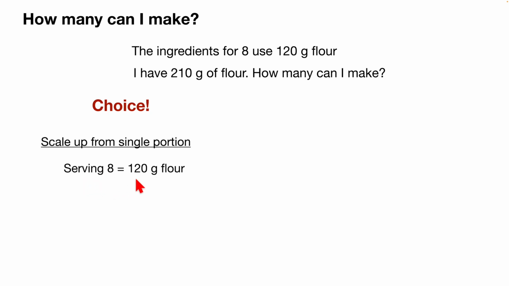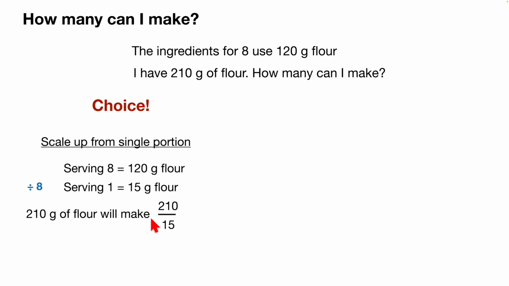Serving for 8 uses 120 grams, divide by 8, serving for 1 uses 15 grams of flour. Right, I've got 110 grams of flour, so I will divide 110 by 15. That'll tell me how many times 15 goes into 110, and it's 14. So I can make 14 or serve 14 or whatever.